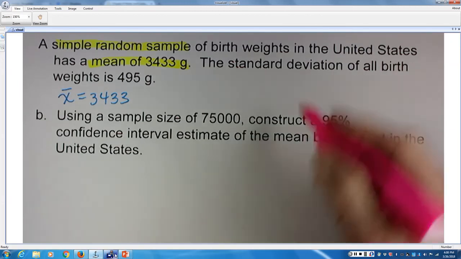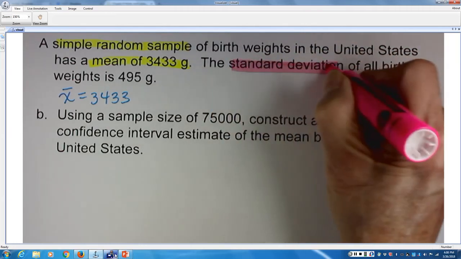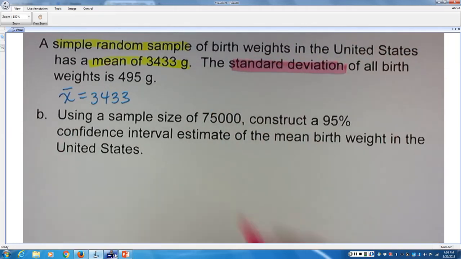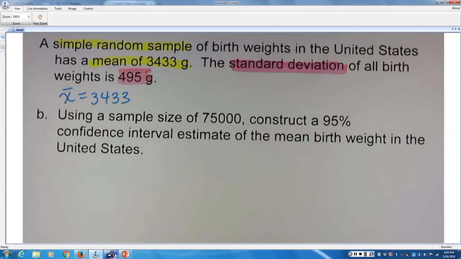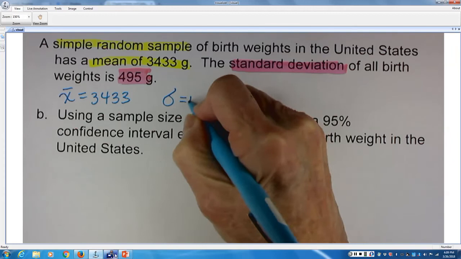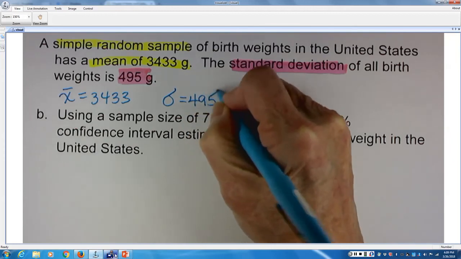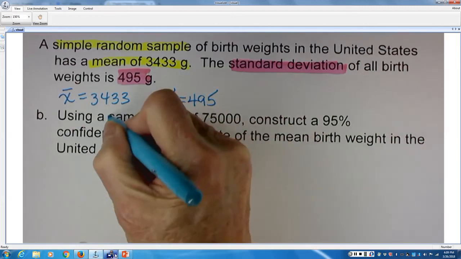We know that the standard deviation is 495. But then the last thing that it tells us is our sample size in Part B has changed.